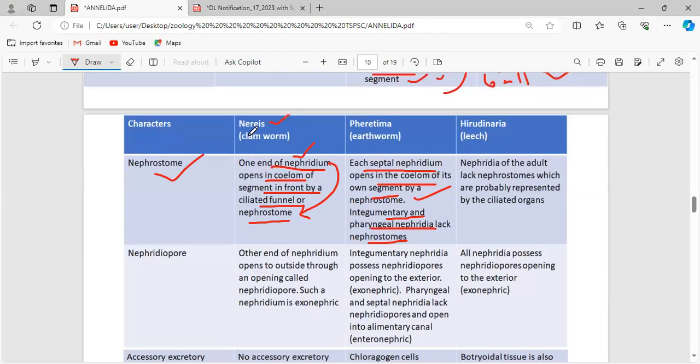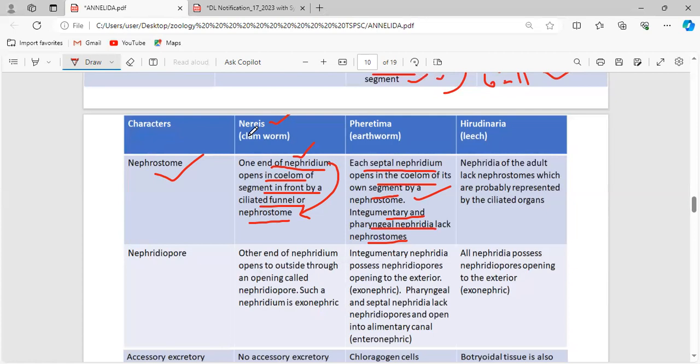So the nephrostome is one of the structures present in the nephridium, and how it is attached to the nephridia makes the difference among these three organisms. Of course, the nephrostome helps in the function of excretion.